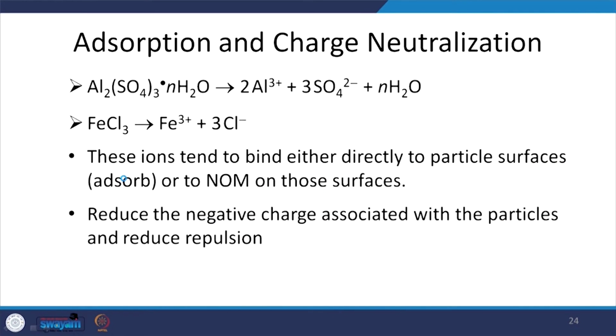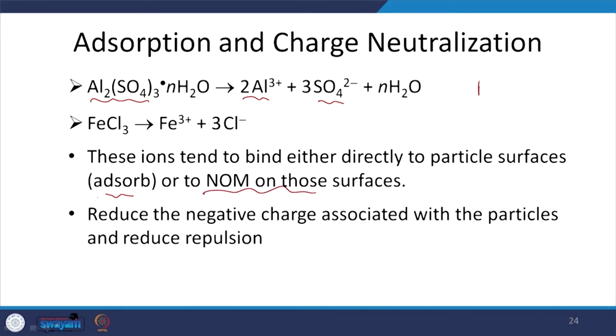So here, what is happening? We have a source of aluminum, and you have Al3+ dissociation into Al3+ and SO4 2-, and these ions tend to bind either directly to the particle surfaces, meaning adsorb, or to NOM on those surfaces.